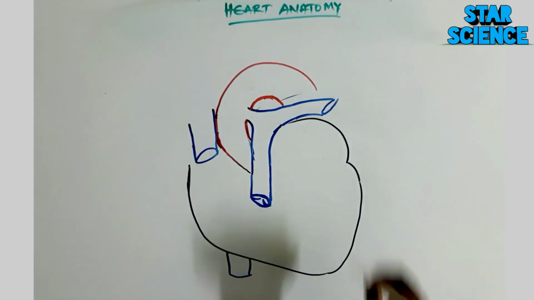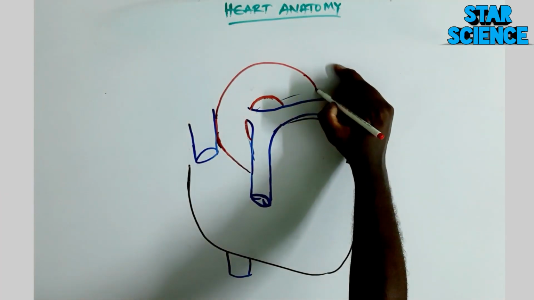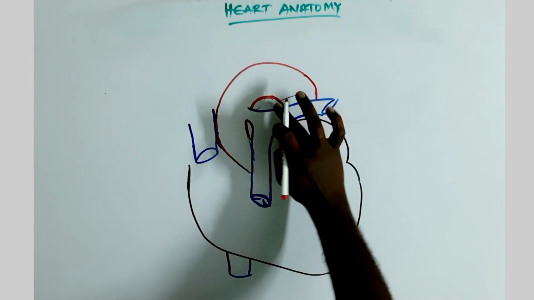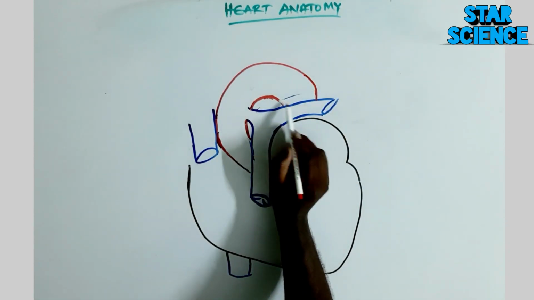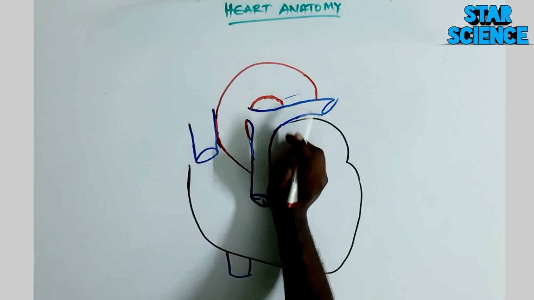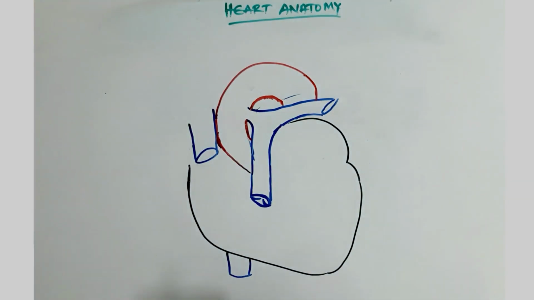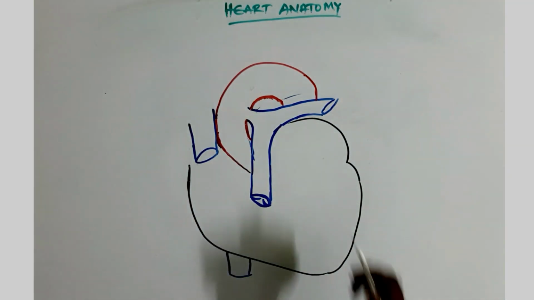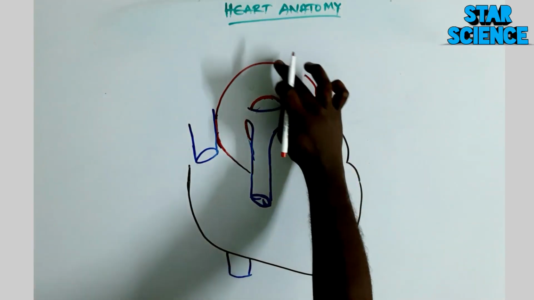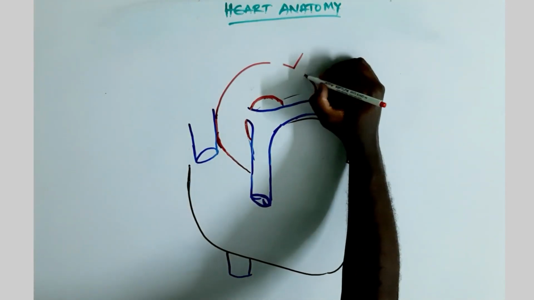Next, the relations of the heart, or the location of the heart. Firstly, anteriorly: sternum, ribs, and intercostal muscles.